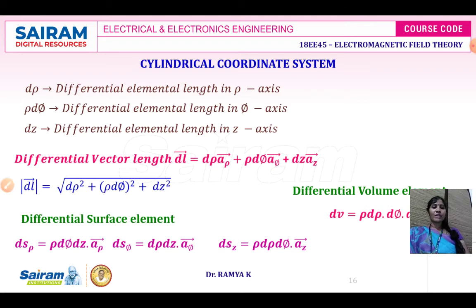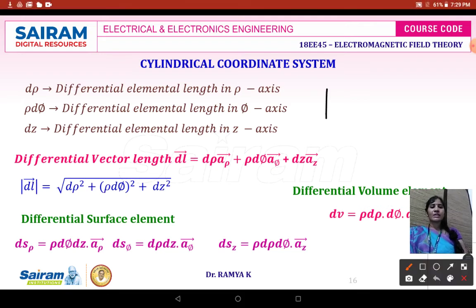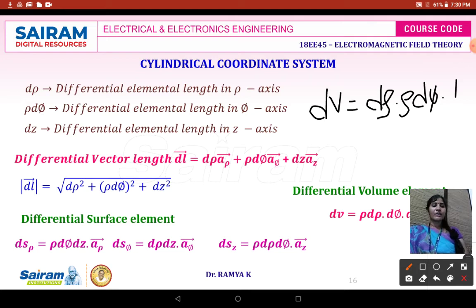Differential volume element: here the differential volume element is represented with dv. That is d rho, the differential elemental length along the rho axis, the differential elemental length along the phi axis, and the differential elemental length along the z axis. Therefore, you will get rho d rho d phi dz.